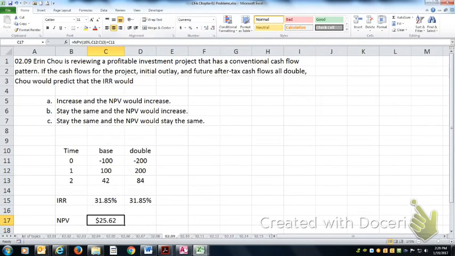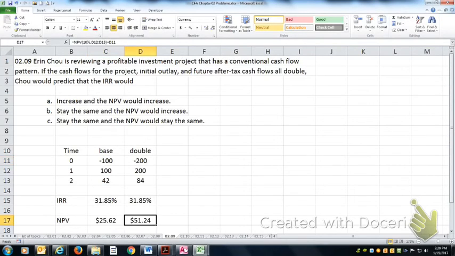What would happen is if you doubled it, it'd be the same as having 2 of these. So if you doubled it, the net present value would be twice as much. The base amount would earn a present value of $125.62 minus the $100 investment. So that's where you get the net present value of $25.62.